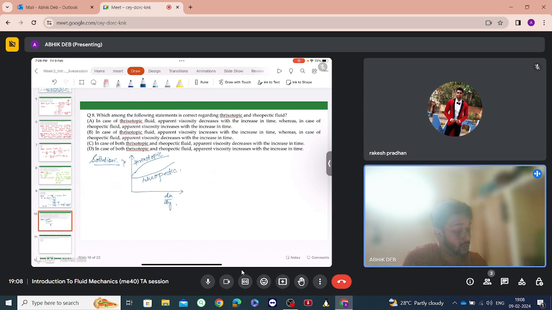Now, with time, how do these values change? The apparent viscosity and the shear stress, that is this value. For rheopectic fluids, the shear stress value increases with time.